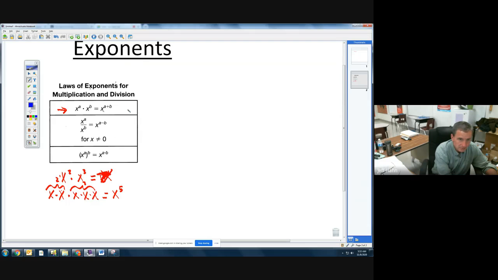So right here, just to give myself a little note, I might just put: when you multiply like bases, you add exponents.